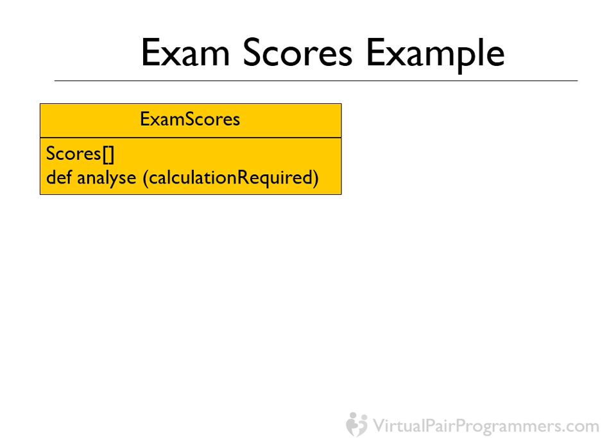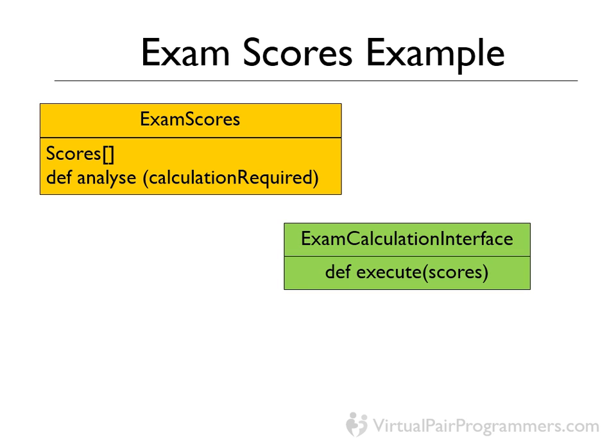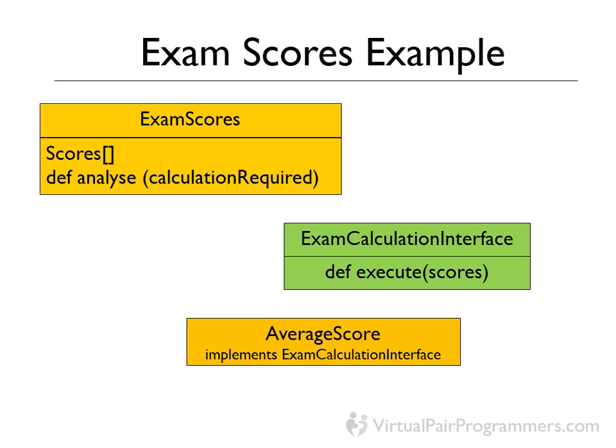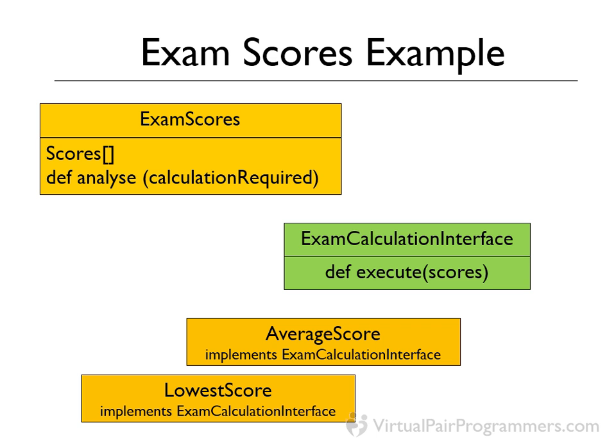We'd say create an interface to define the calculation. Let's call that exam calculation interface, and give that a single method called execute, which takes our array of scores. We can then create some different implementations of this interface, maybe one that calculates the average score, one that calculates the lowest score, and then we can pass instances of these calculations into our analyze method.